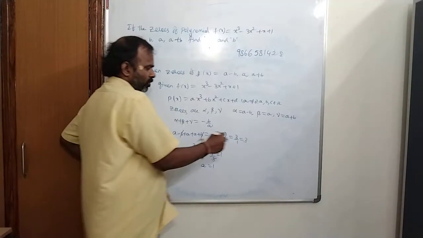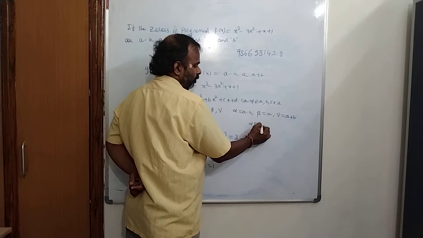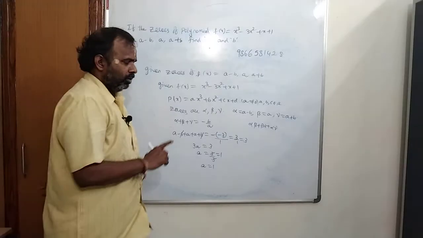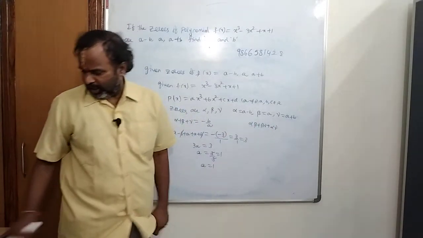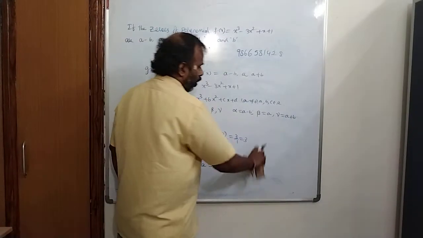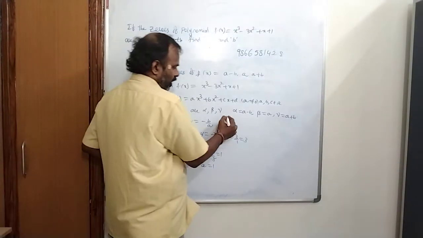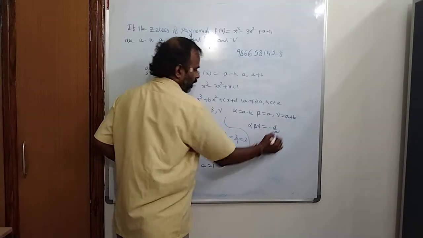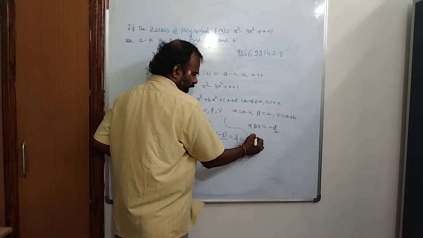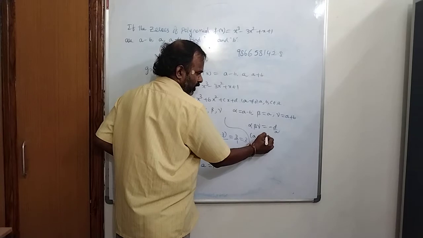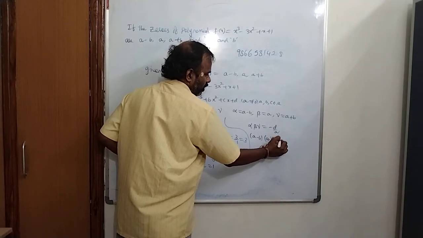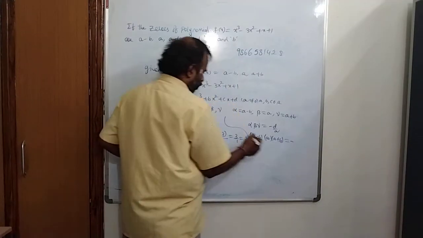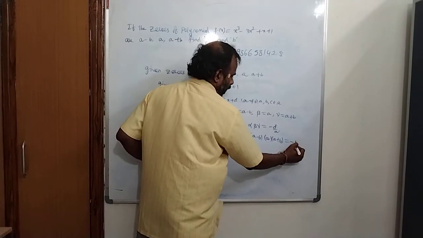Now we can use one more formula, alpha beta plus beta gamma plus alpha gamma, to get the b value. But this is a very lengthy process. So what we do is take the product of zeros, alpha beta gamma is equal to minus d by a. Alpha is a minus b, beta is a, gamma is a plus b, minus d is, here d is 1, a is 1.